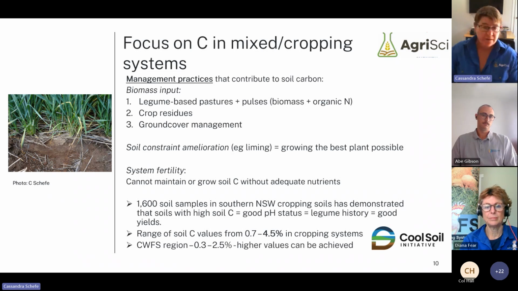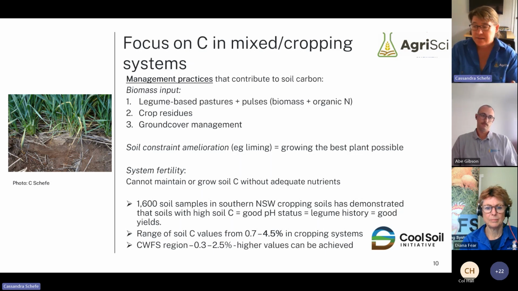In all the long-term trials that have been done on soil carbon in Australia, the key practices that will infer greatest potential to build carbon all include a legume in the system. The other thing is around crop residues and managing those in our systems as much as we can. Most of those residues are high carbon residues. So again, having a legume in the system or adequate nitrogen helps in those being broken down well.